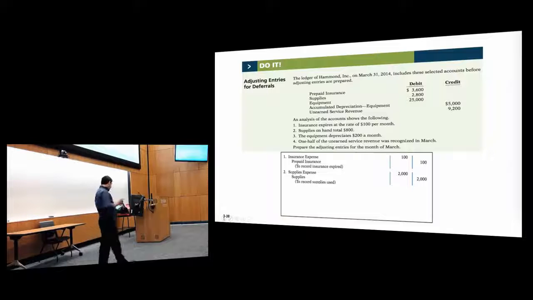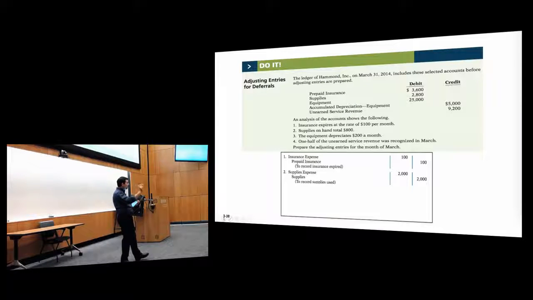The equipment depreciates $200 a month. This is what I meant earlier. You will be given the amount of depreciation at this point. Later on, you will have to learn how to actually calculate it. But for now, the depreciation is $200 per month. What do we do? You credit equipment for $200 and then you debit $200 for equipment expense.